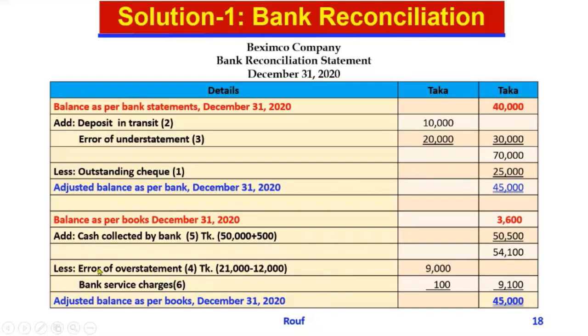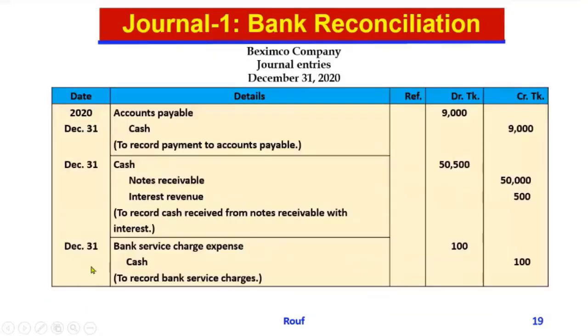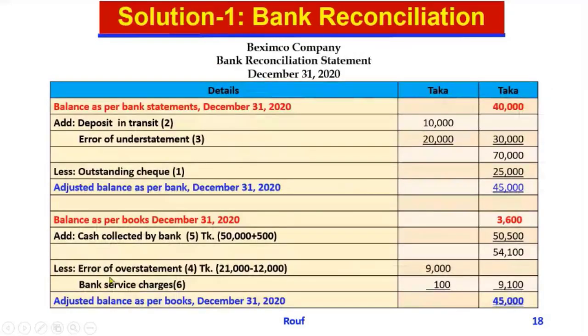And less bank service charge 100 টাকা, and company error 9,000 টাকা. So 9,000 plus 100, 9,100.